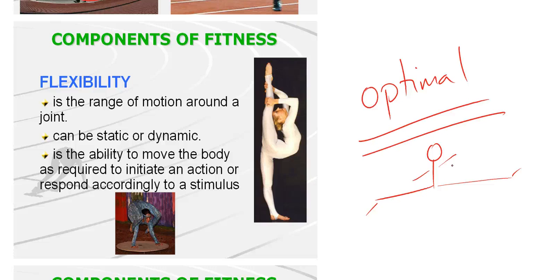However, a 100-meter runner would certainly not want each stride to be a split leap because their stride rate would be too slow. So we don't just look at the more flexible you are, the better for performance. We have an optimal level of flexibility for each particular sport. And the way in which you are required to be flexible will be very specific to each type of sport.